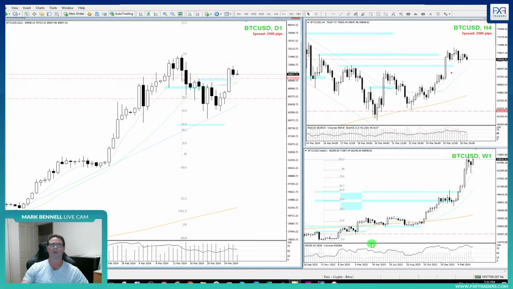So let's have a look at the cryptos. Alright, Bitcoin we've been watching, and this is actually what I want to see here. I want to see it stall and digest this big move on the daily and come back into a decent area, which it is now doing. So this is good. Got the nice big push through here.